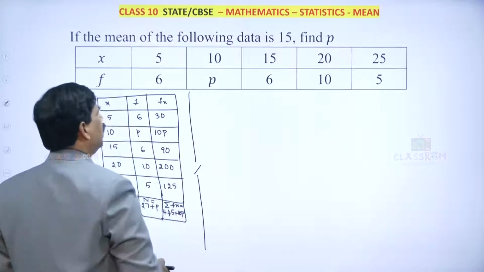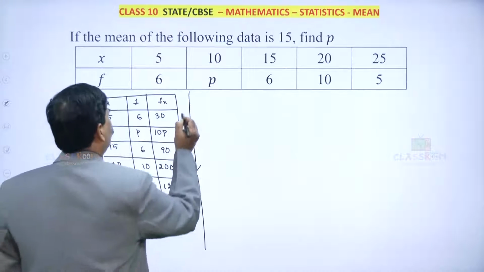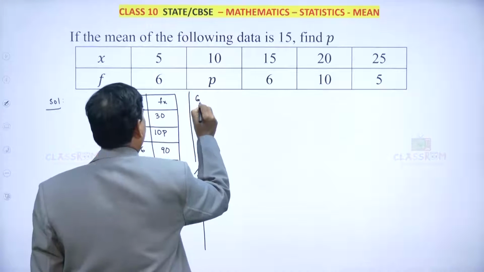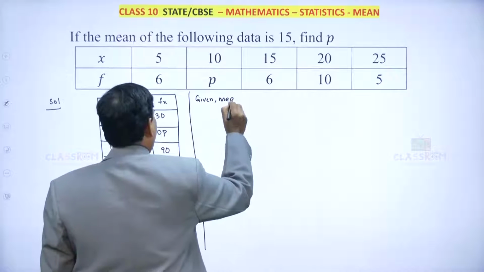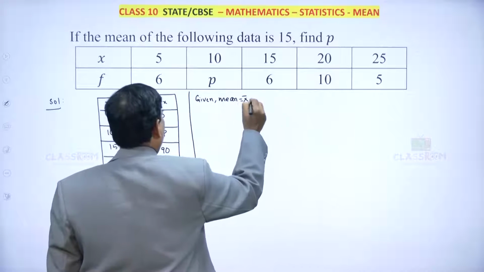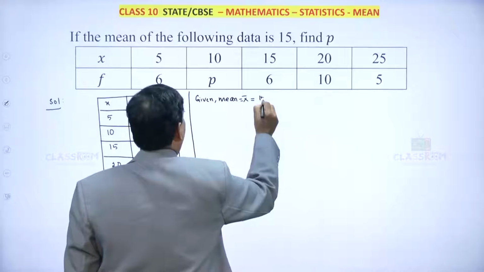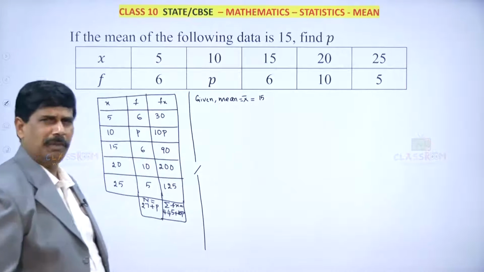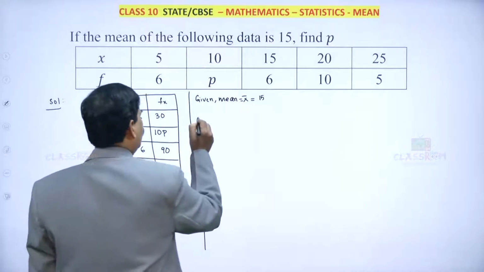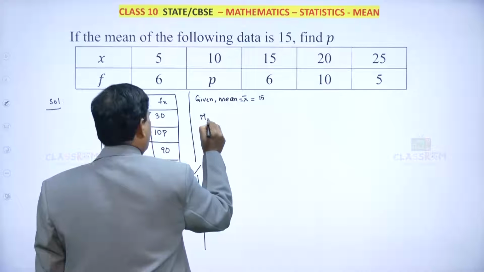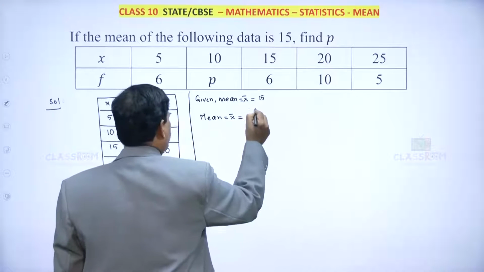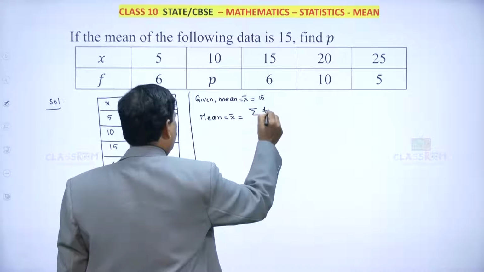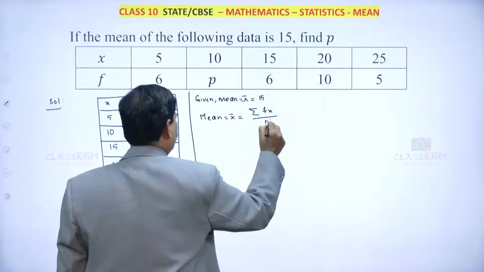So now, we also have an information about the mean. He has given mean of the data. Given mean is how much, children? It is 15. So therefore, mean x bar is equal to, what is the formula? We know it is sigma fx by n.